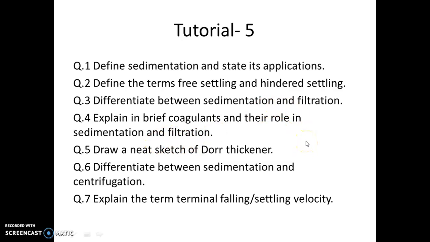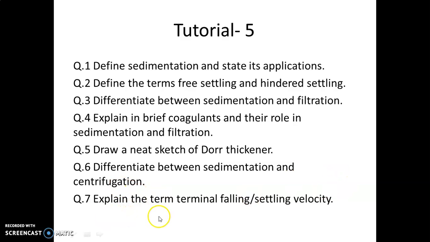The next question is to draw the neat sketch of a Dorr thickener. The Dorr thickener is a continuous thickener. We had that figure in the book or in notes, so you can draw it from the notes. Then again you have to differentiate sedimentation and centrifugation, which is one of the types of filtration.